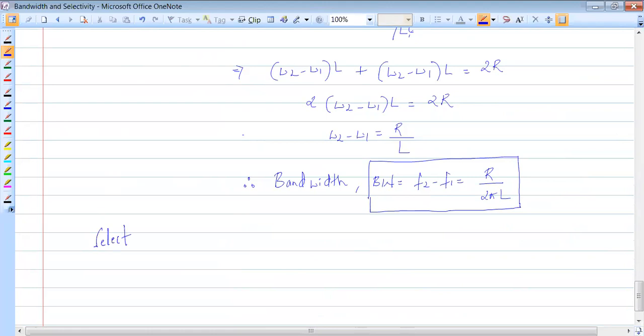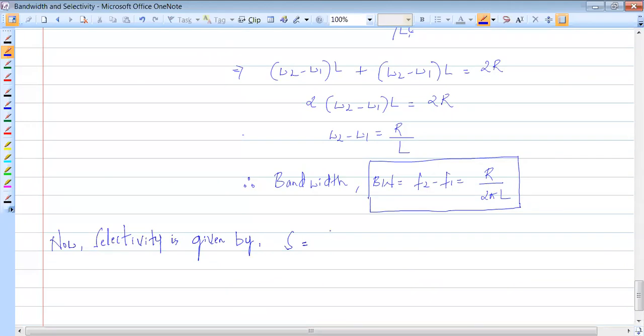is given by, now selectivity is given by S. What is it?